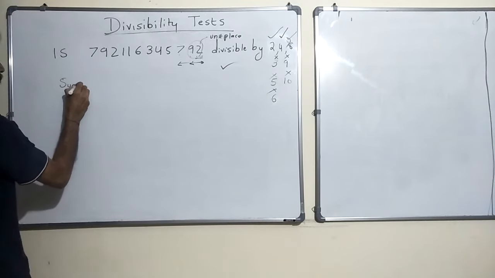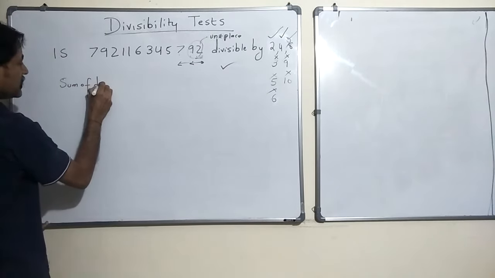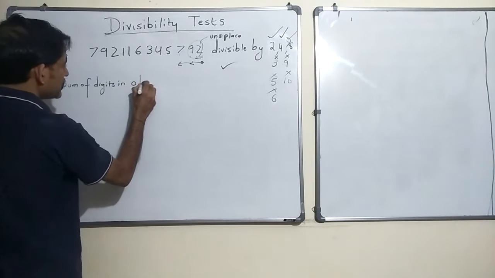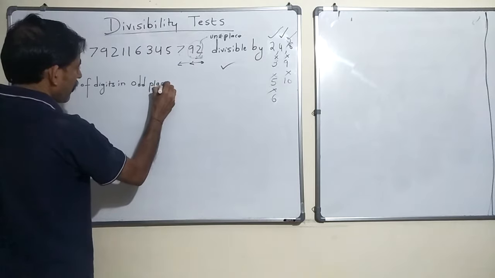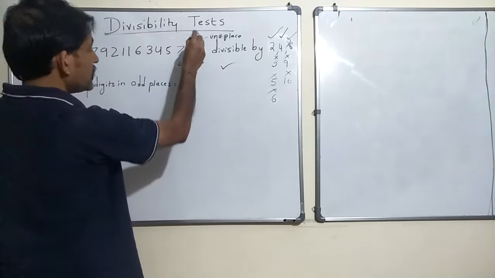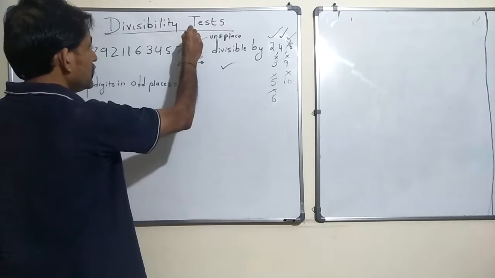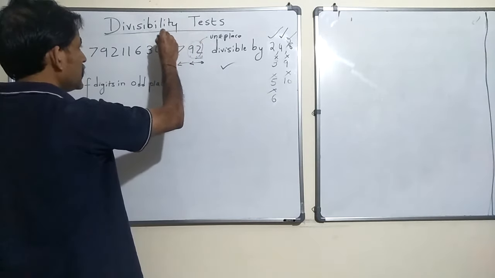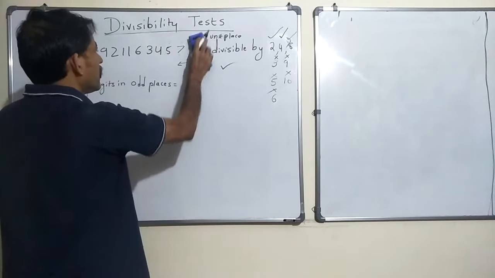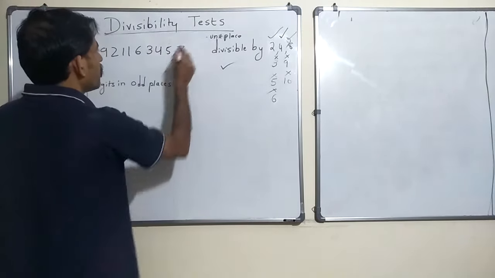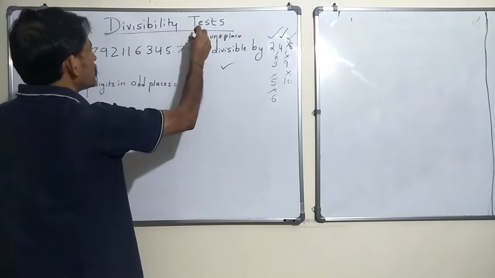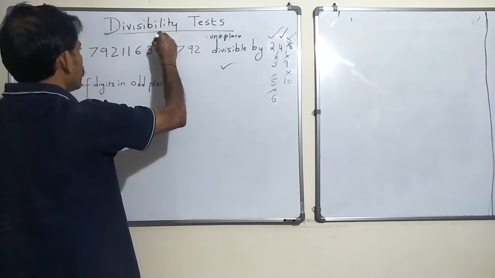Okay, sum of digits in odd places, let's say. So which is the odd place and which is the even place? Let's consider this the first place, second place, third place, fourth place, fifth place. So this is the odd place, 1.